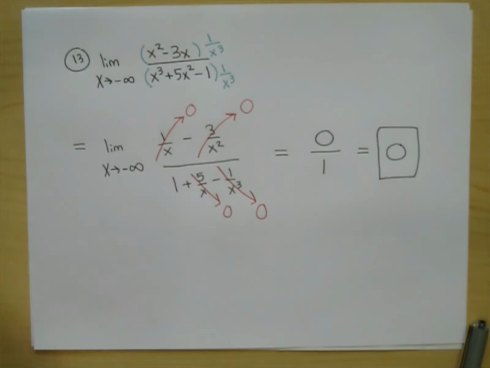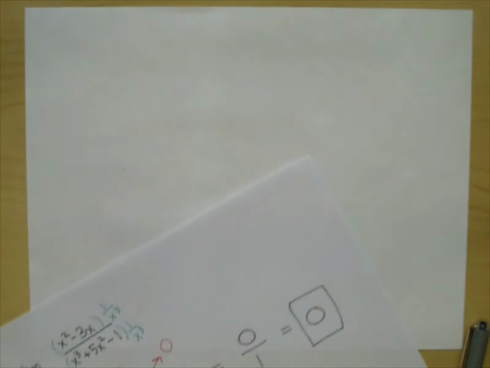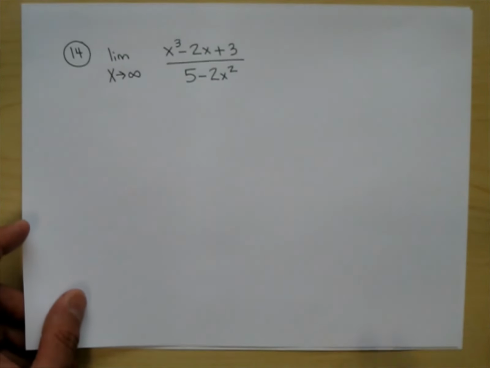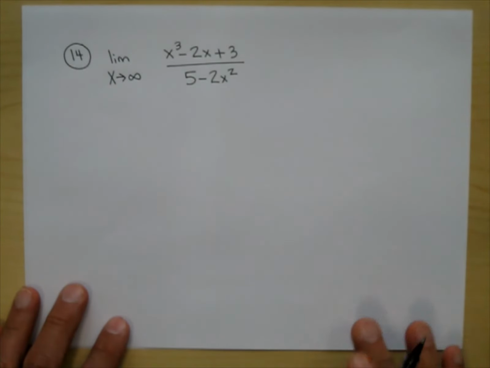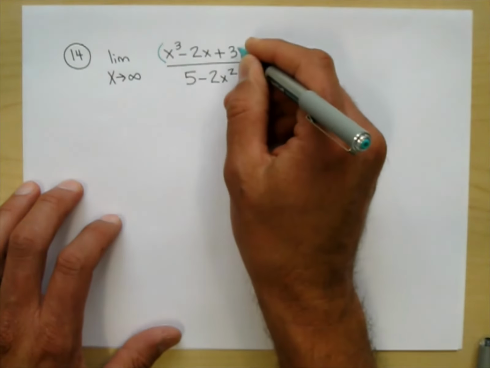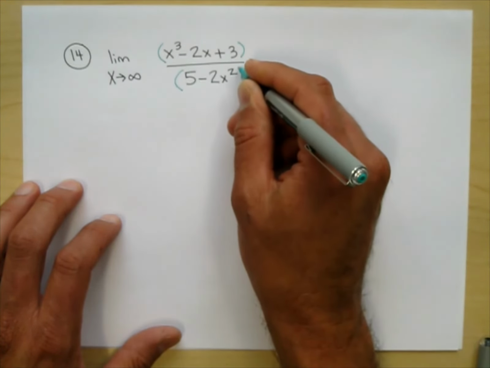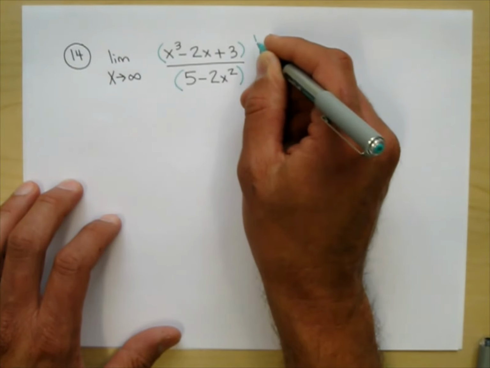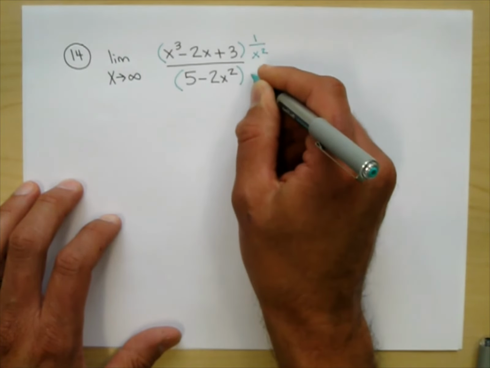Let's go ahead and do another one. This guy right here, number 14. Maybe you can pause the video and see if you can do this on your own. Okay, I'm going to look at the highest power on the bottom, which is x squared, and I'm going to multiply top and bottom by 1 over x squared.